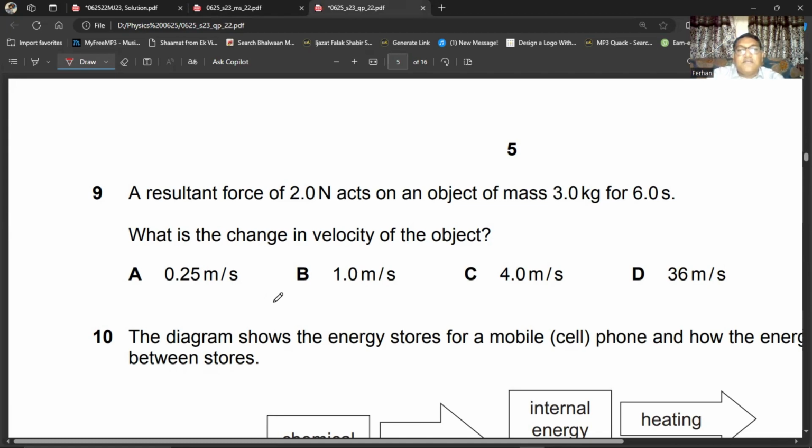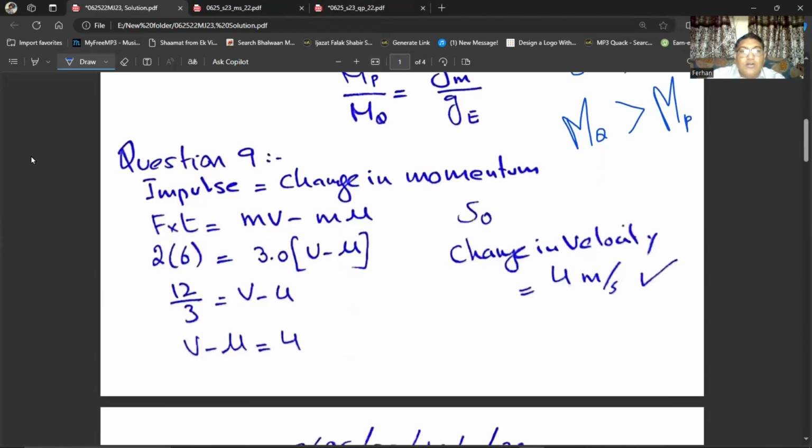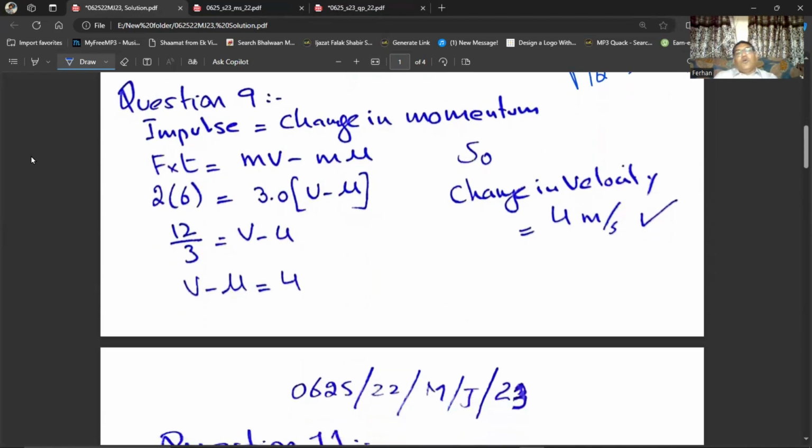We know the mass, so we can find the change in the momentum very easily. So impulse is equal to change in the momentum. Force multiplied by time is equal to mv minus mu. The force is 2 newtons and the time is 6 seconds.